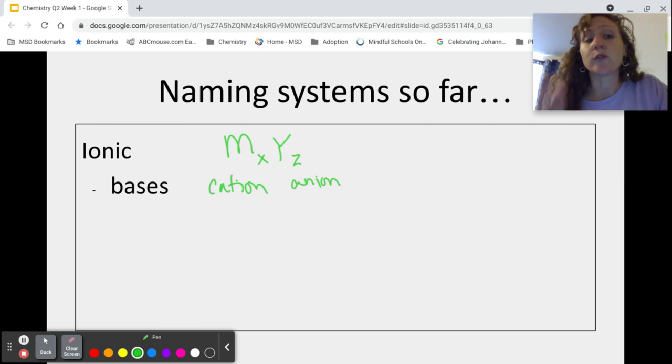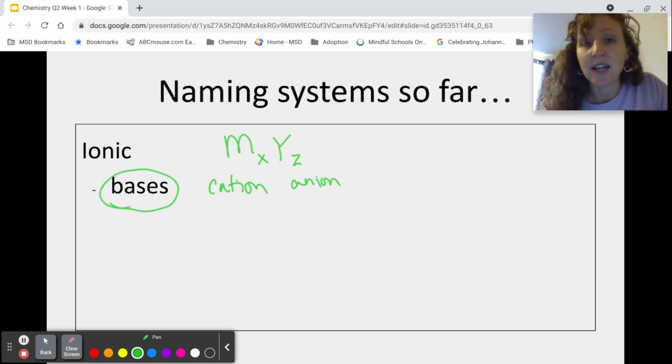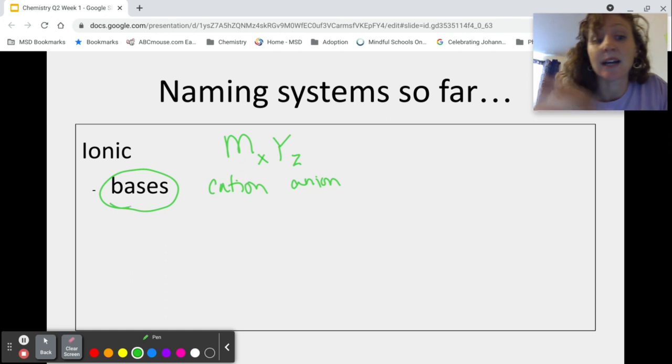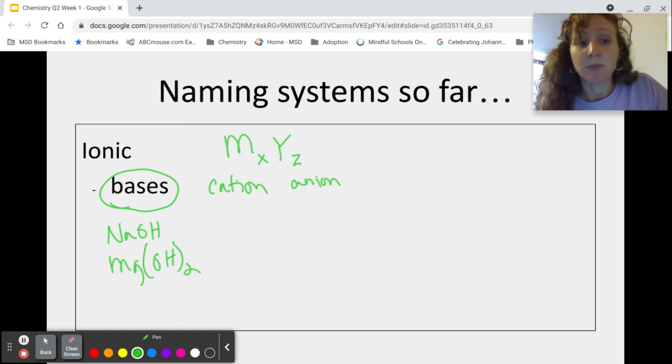So that's the general formula of the name of an ionic compound. And like we talked about before, bases fall into this category because bases are just ionic compounds that include the ion hydroxide. So like NaOH or MgOH2 are both bases, and they are also both ionic compounds.